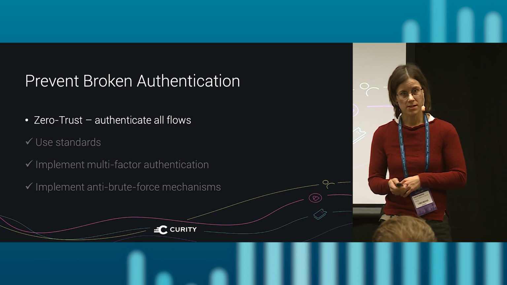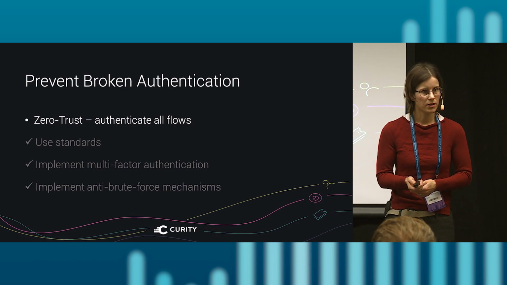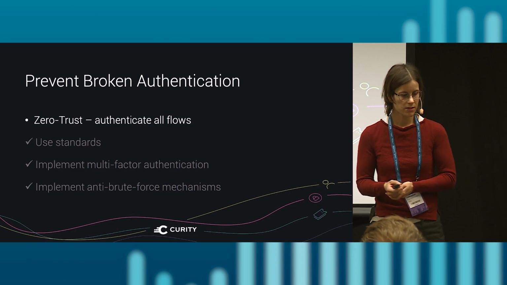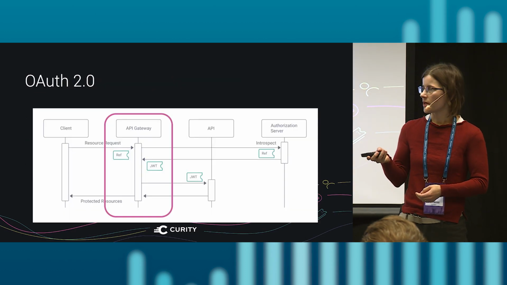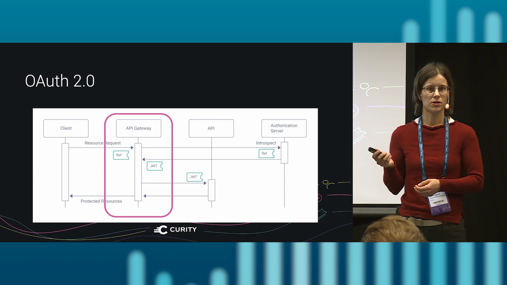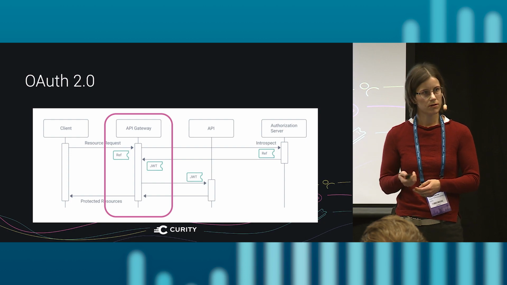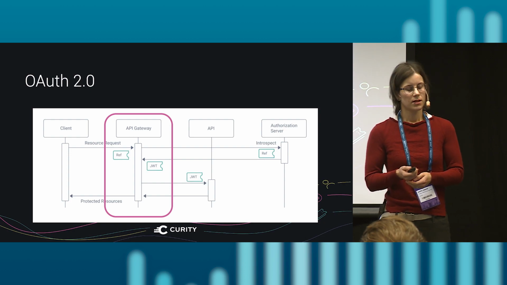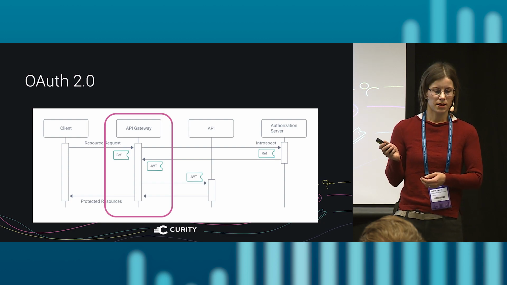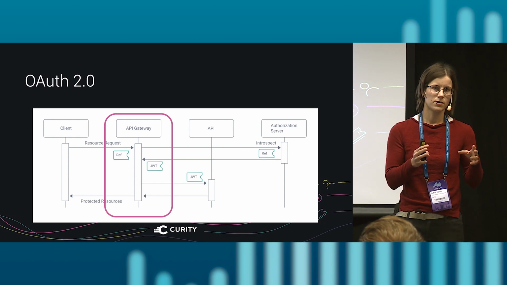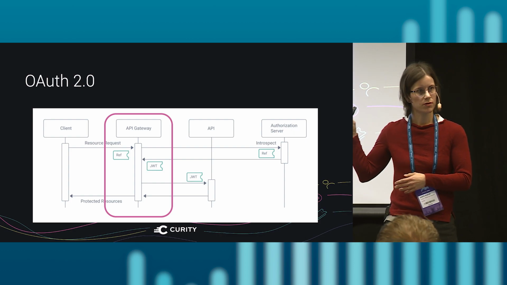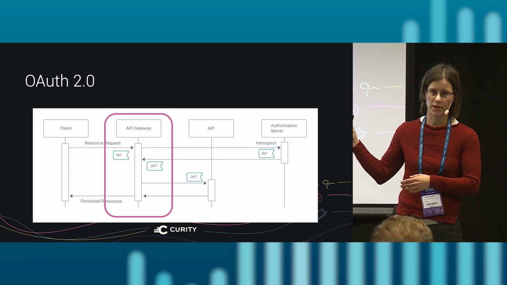And to make things even simpler for the API, you can utilize an API gateway to enforce the zero trust. So before any request reaches the API, the gateway can make sure that only authenticated requests, only requests with a valid token, pass. And what is more, no matter the structure and format of the incoming token, it can ensure that it always forwards a JWT to the API.